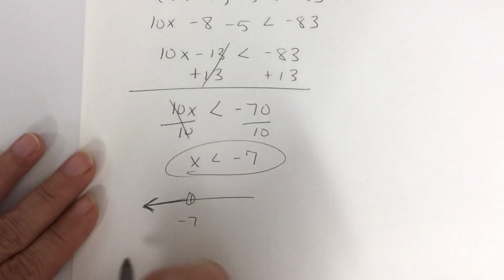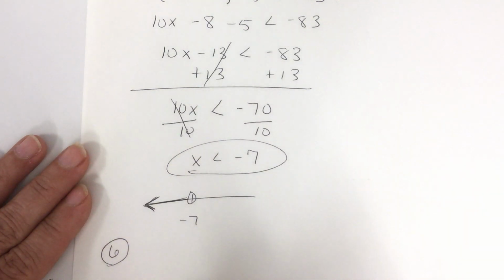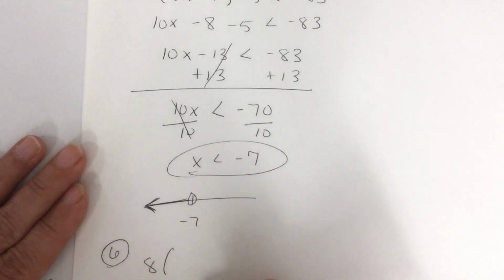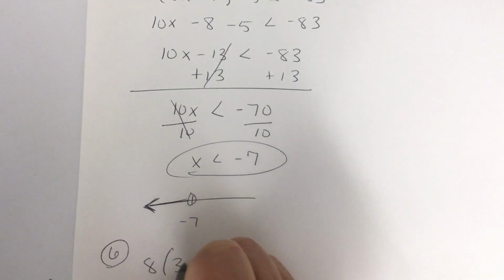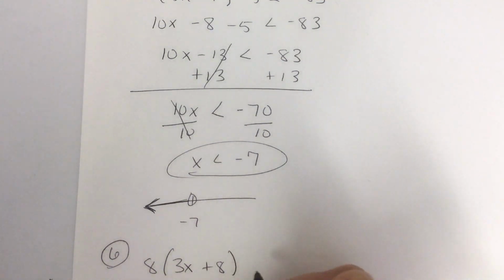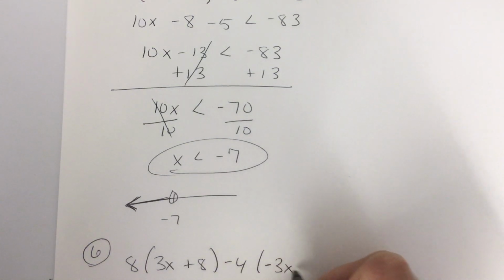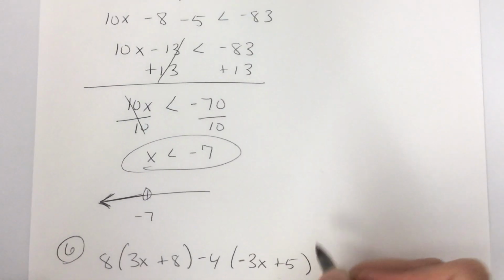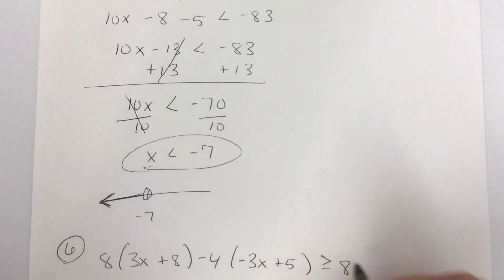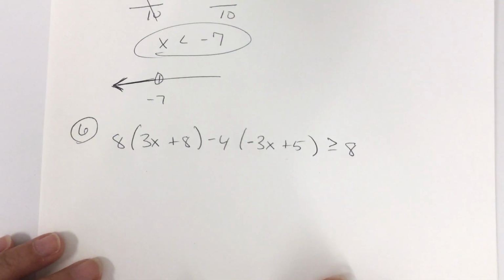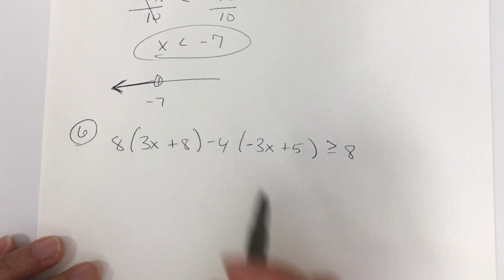Okay, example 6 is 8 times 3x plus 8 minus 4 times negative 3x plus 5 is greater than or equal to 8. Okay, this is going to be tricky.